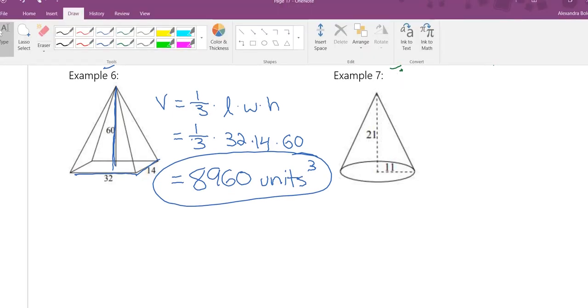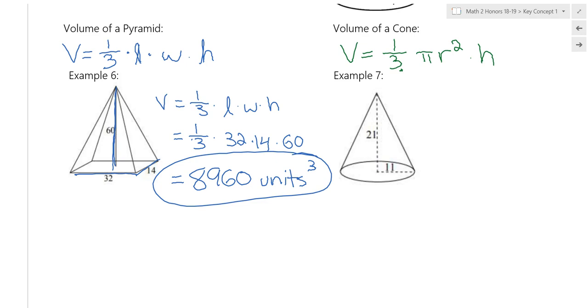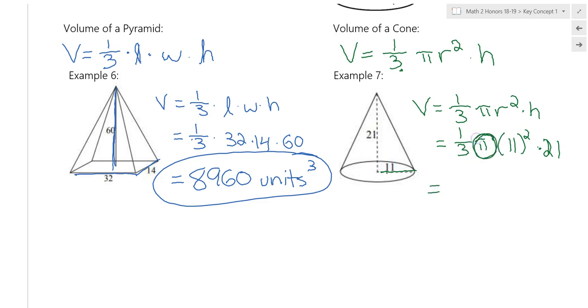So if we look at our example, volume equals 1/3 pi r squared times h. My radius here is 11. I do not have to cut it in half for this one. And then my height is 21. So again, I'm typing everything except my pi into my calculator.